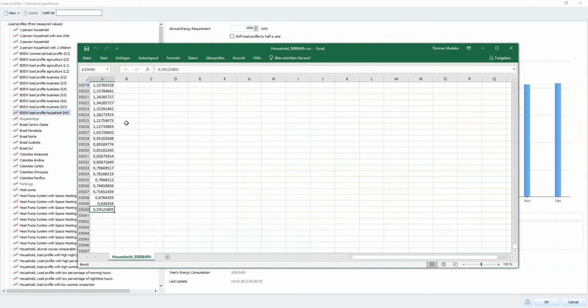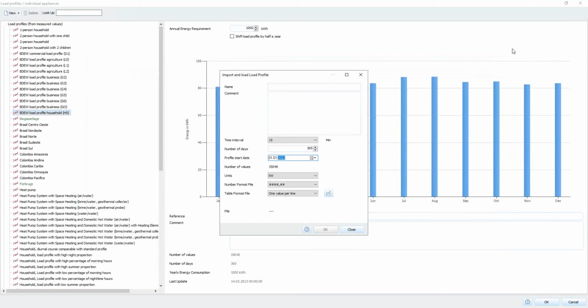The load data should be in column 1. And as you can see, it should be 35,040 rows, according to the definition which we have made in the import window. Okay, so delete everything, save it as a CSV file in Excel or as a text file, and then you can import it.